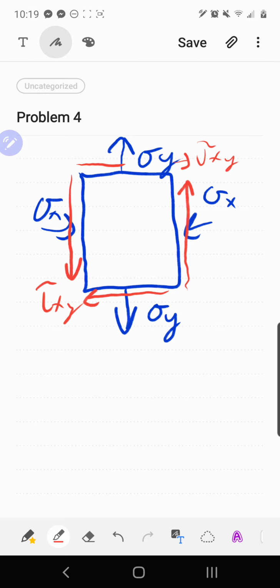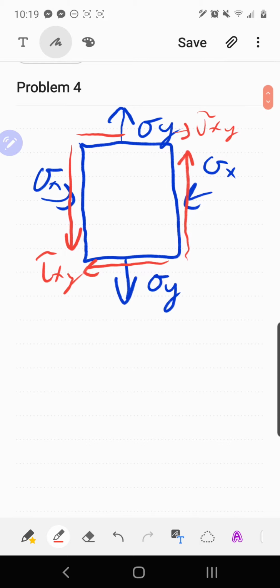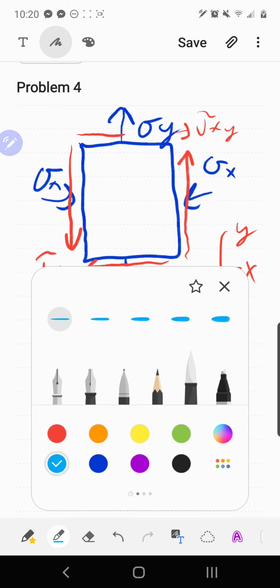What? My tau's backwards in this one? That's okay. We want to know the orientations of the stress planes relative to the x-axis. This is our axis configuration. And let's get some values for these sigmas here.